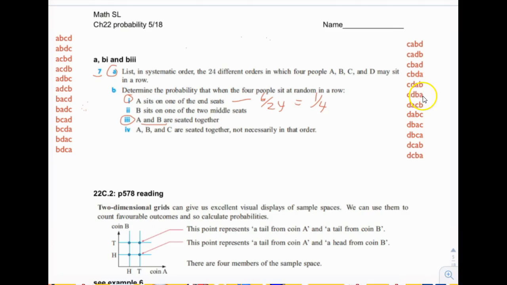There's 1, 5, 6, 7, 8, 9, 10. So unless I counted wrong, there's 10. 10 divided by 24. You could also write it as 5/12. Okay.